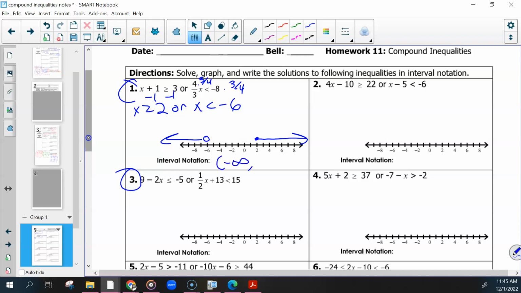It stops at negative 6 with a parenthesis or a bracket. And then starts again at 2, parenthesis or bracket. And then it keeps going towards positive infinity. So your or interval notation will always look like this. Your and will just have 2 numbers.